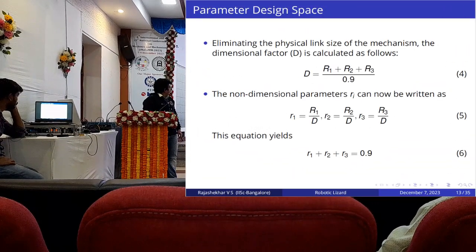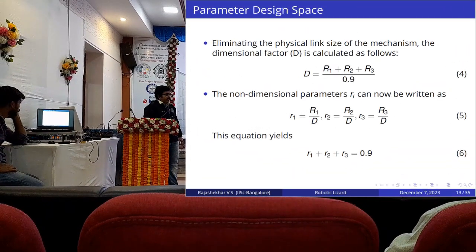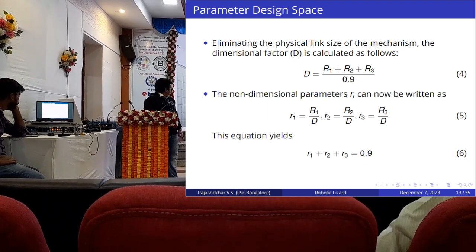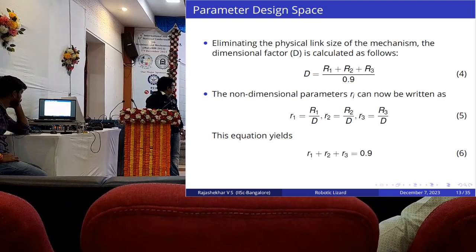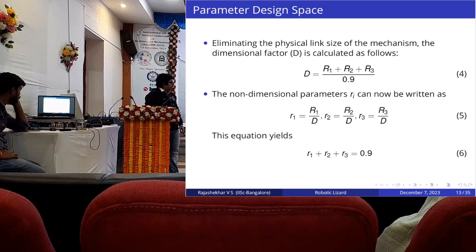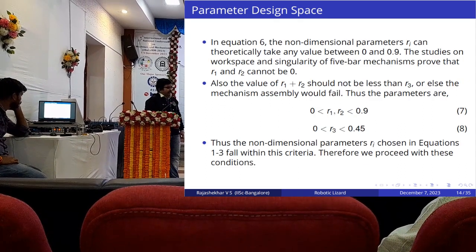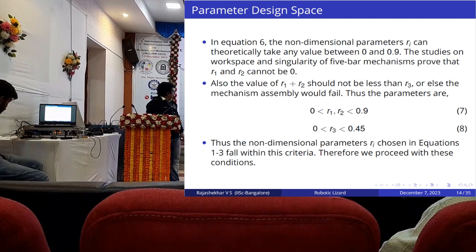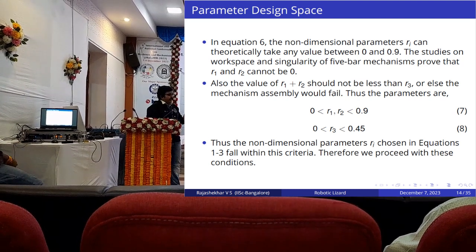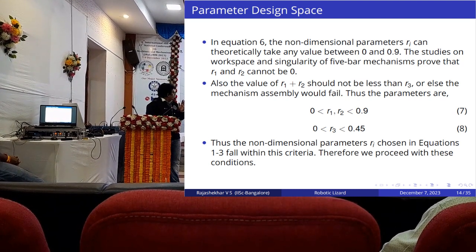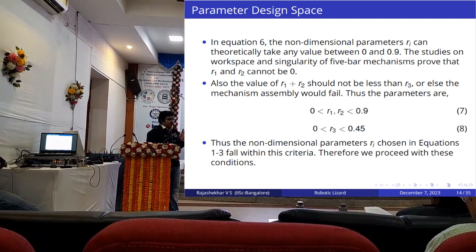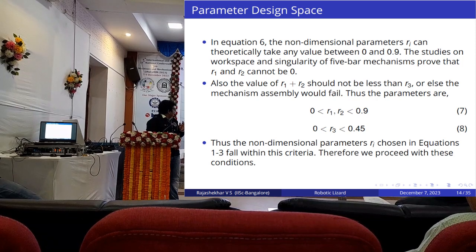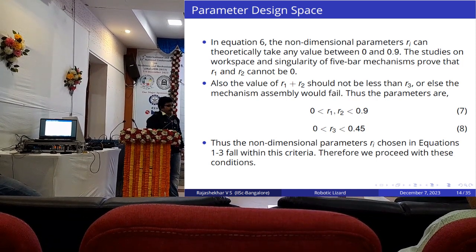And then we create a dimensional factor D which adds up to 0.9, and then we form non-dimensional parameters R1, R2 and R3, and they all add up to 0.9. The parameter design space is such that the 2 links on the half of the symmetry range between 0 to 0.9, and R3 ranges between 0 to 0.45.